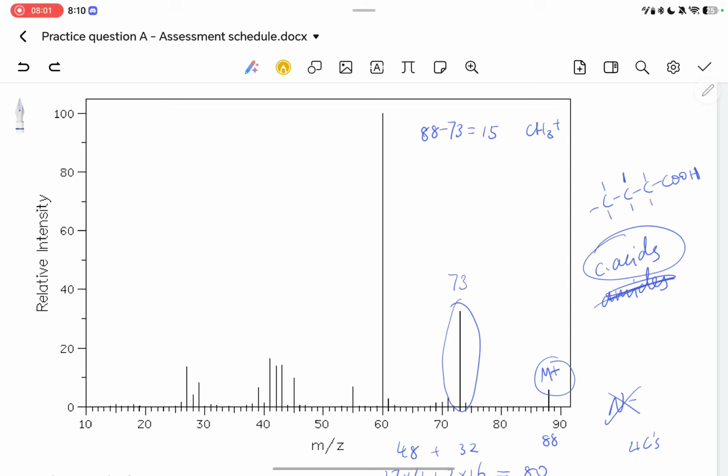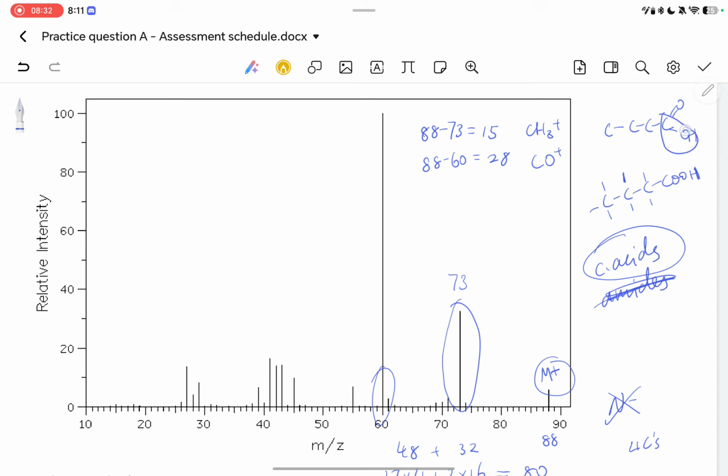So we can look at the 60, but let's see if the 60 is helpful. Again, 60 doesn't indicate anything in particular, so we can do 88 minus 60. That gives us 28. 28 indicates a CO plus, and that does say something because it indicates this part.